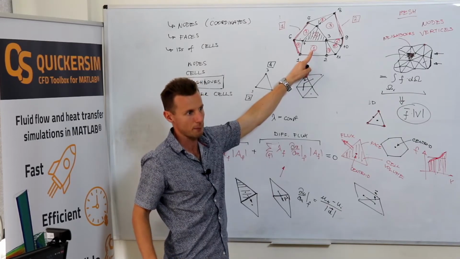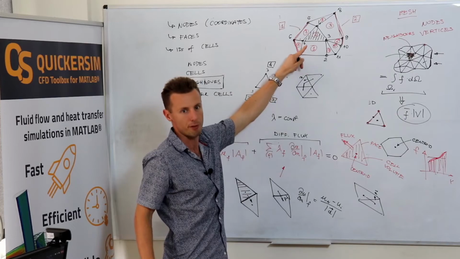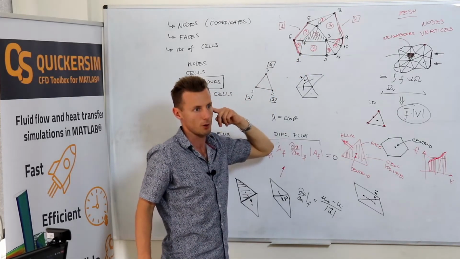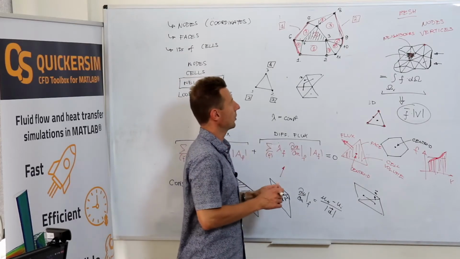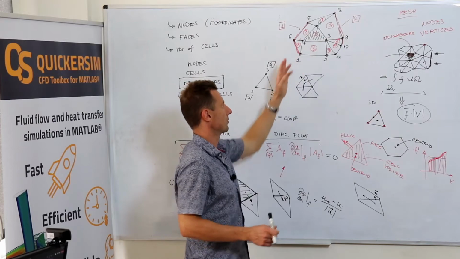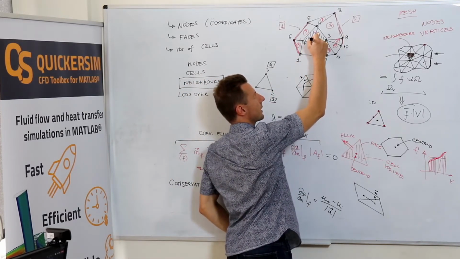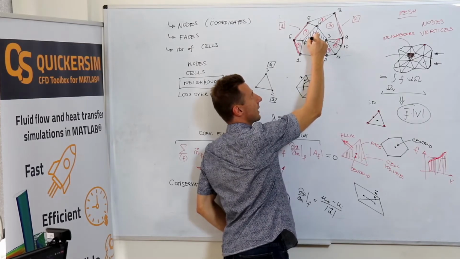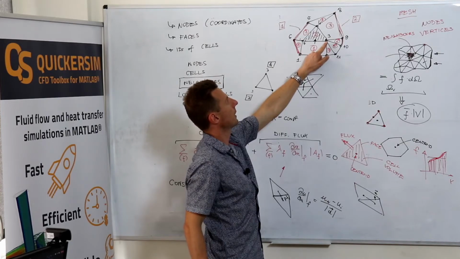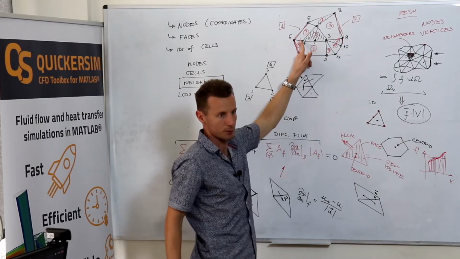When I enter the cell, I'm interested in what the neighbor is through the first, second, third, and fourth local face. Let's say we're interested in finding the neighbor through that face. I know that it's constituted by the third and seventh node.